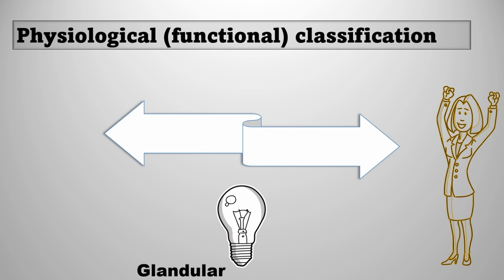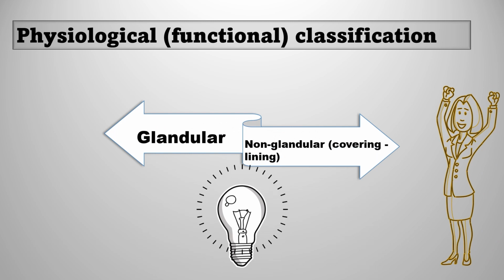The second type of big classification is the physiological, functional classification. Here it also divides the epithelial tissue into two big categories: the glandular, which is what we are going to talk about, and the non-glandular covering epithelium, which we have already explained when we talked about the structural or anatomical classification.